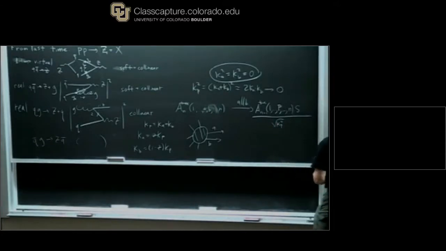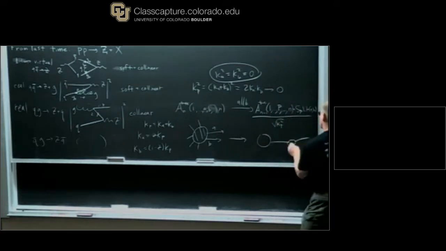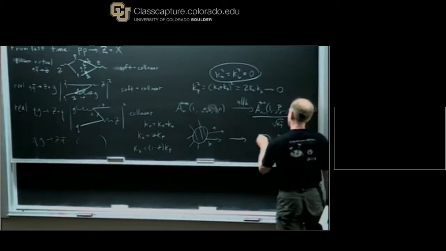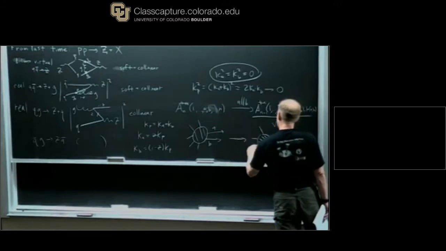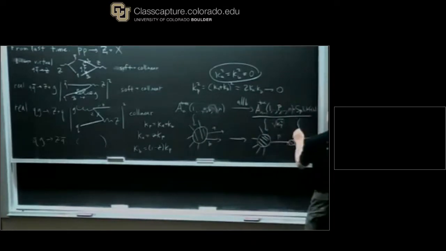has the square root of K_P squared in it. And there are certain phase factors. But it has a universal behavior where you get some splitting amplitude that depends on A and B. It also depends on the helicities of A and B and the helicity of the intermediate state, P. So we represent this factorization by these blobs, where this is the n minus 1 amplitude, and this is the splitting fraction.